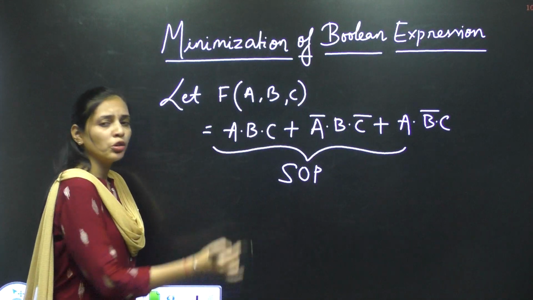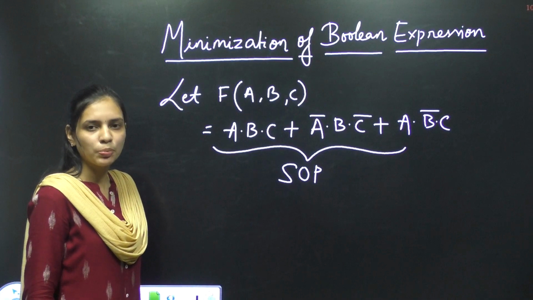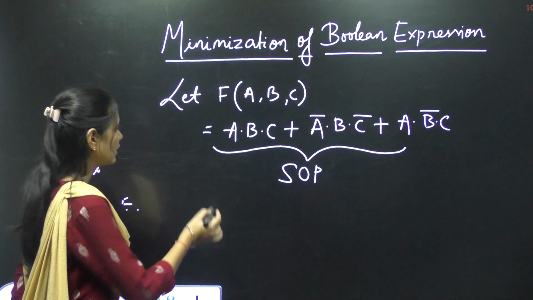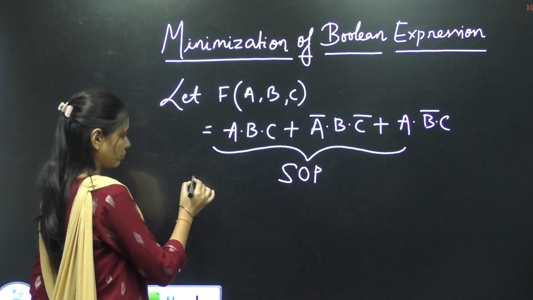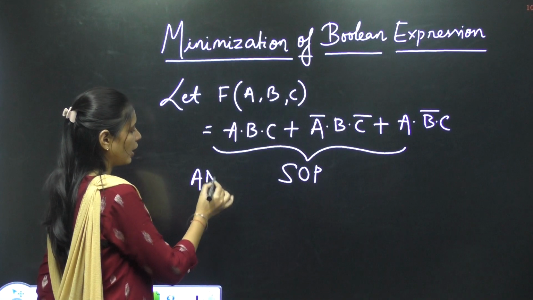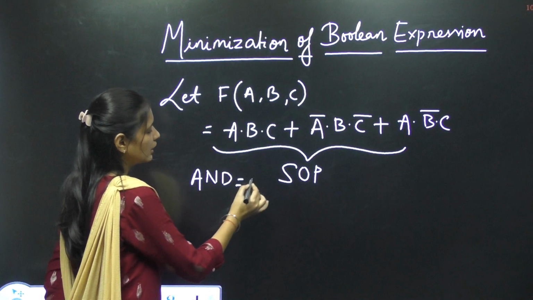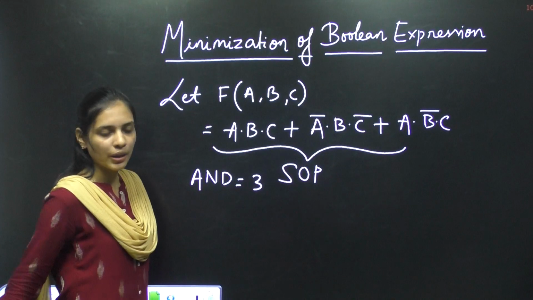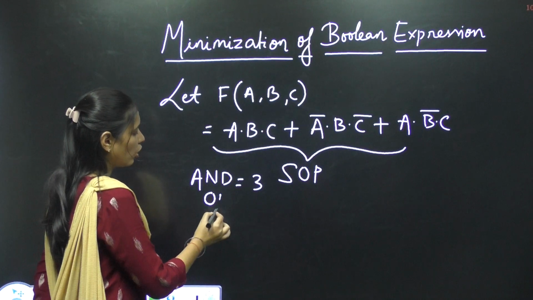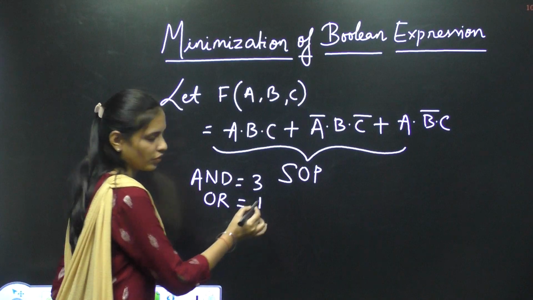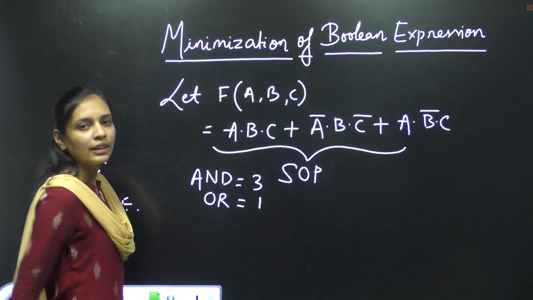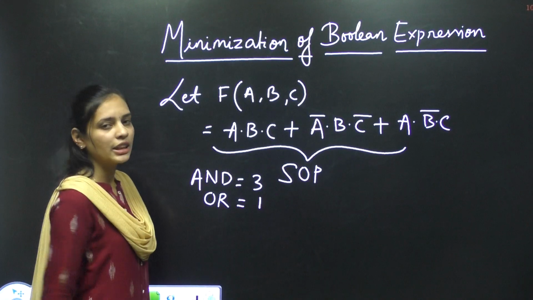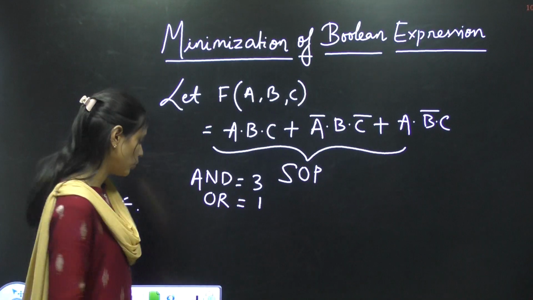So to design this Boolean expression in the form of logic gates, the number of AND gates required is 3, as I have 3 product terms, and the number of OR gates required is 1. So I will be designing the basic logic diagram to represent this Boolean function.